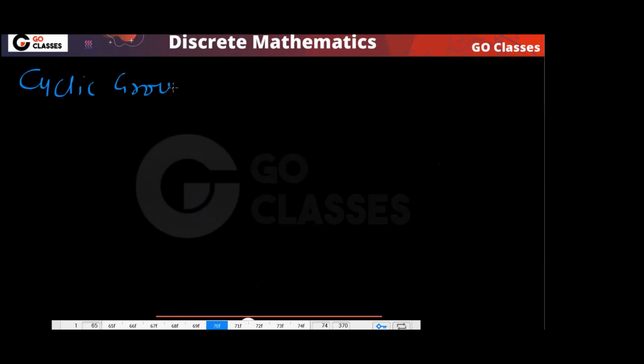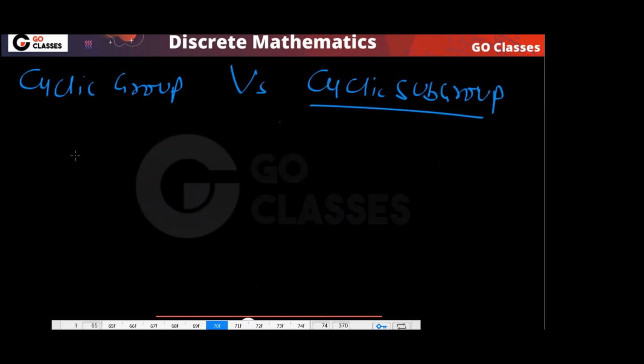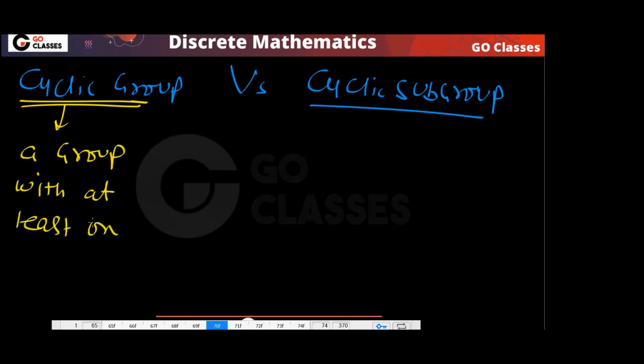So understand the difference. Cyclic group means a group with a generator, with at least one generator.